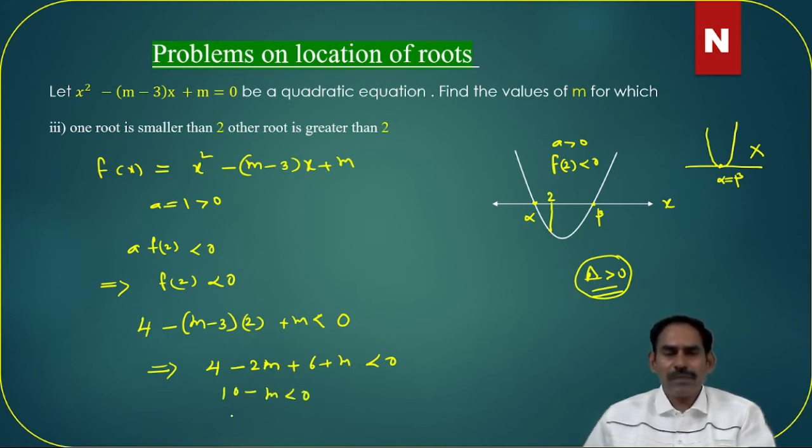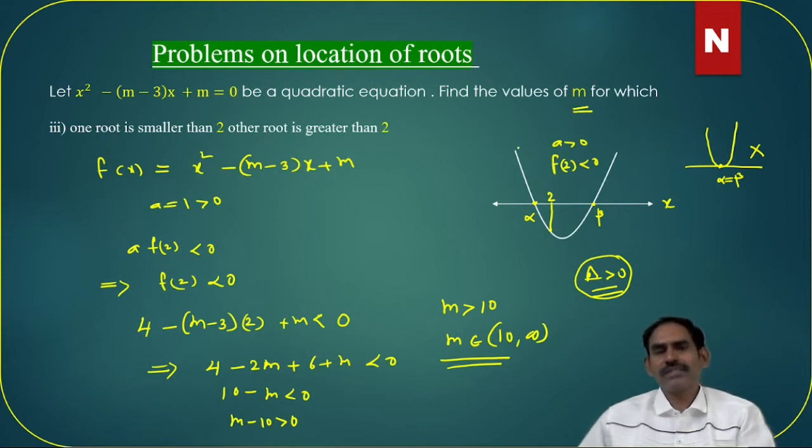Now multiplying with minus, m minus 10 greater than 0. That implies m is greater than 10. So m belongs to 10 to infinity is the range of m. These are the m values. Okay.